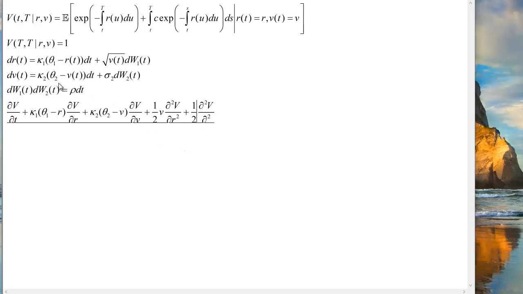Here we have this term squared with respect to V.